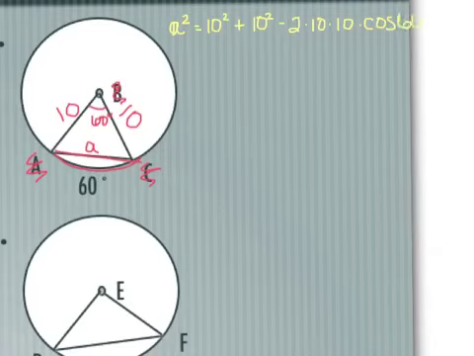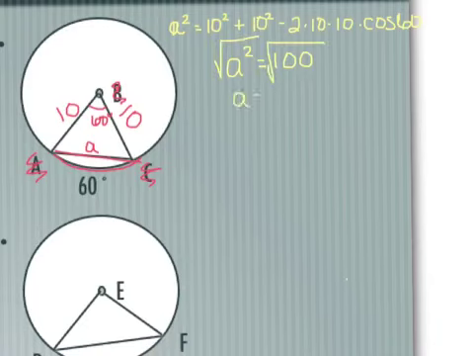That's all law of cosines, stuff that you just finished doing. Let me type that in. For this one, this is kind of strange, but you end up with 100 exactly, because of the value of cosine of 60. So A squared equals 100. Take a square root, and A equals 10.